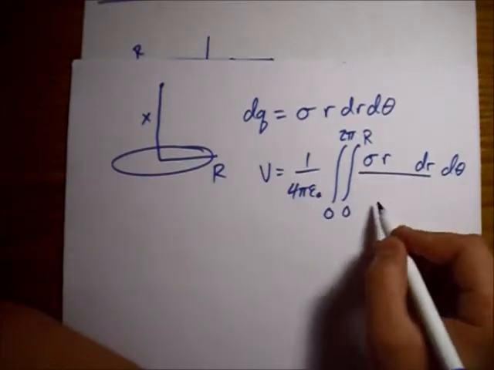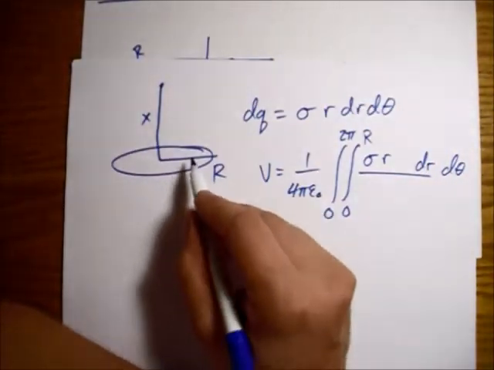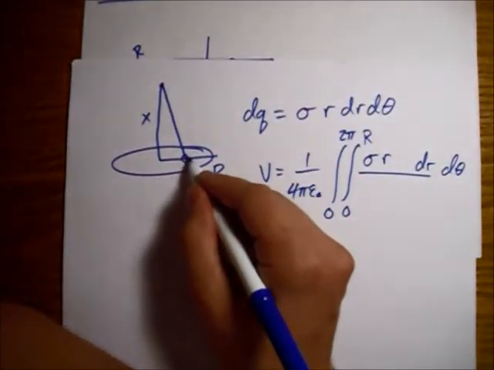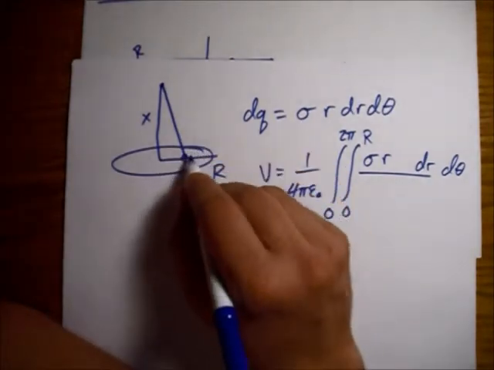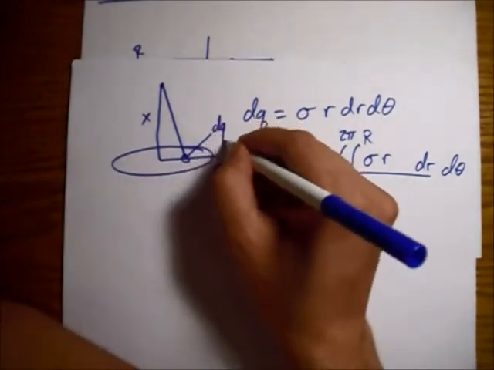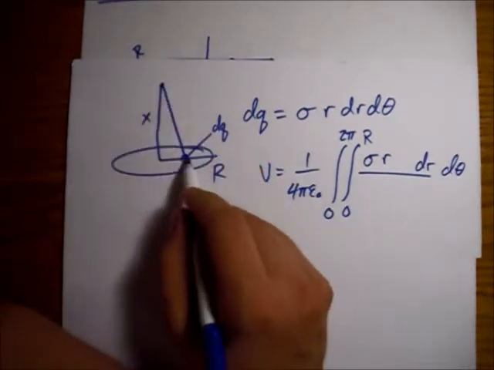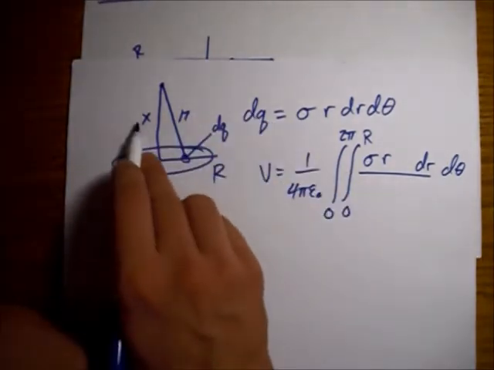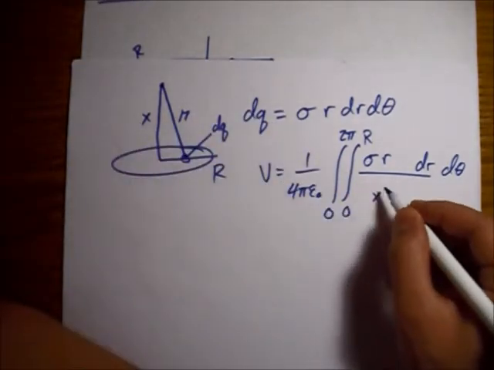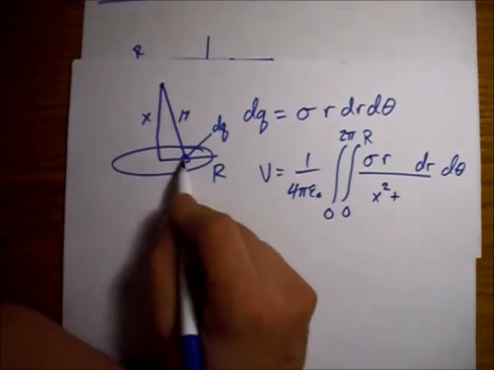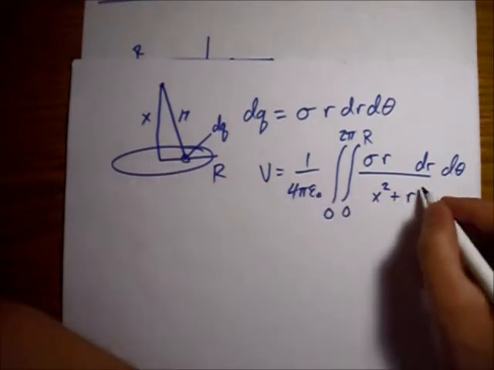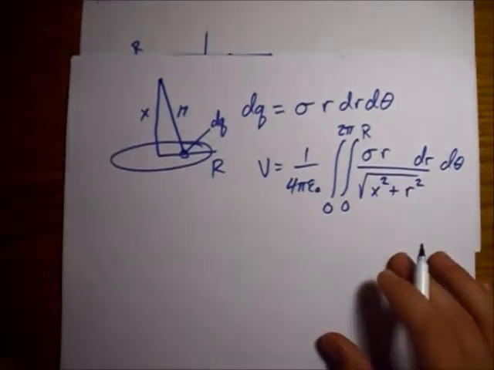And then we have this cursive r on the bottom, which is the distance from this source point out to this field point, which is the square root of x squared plus little r squared, because that's whatever point we're at as we move out towards the outer rim.